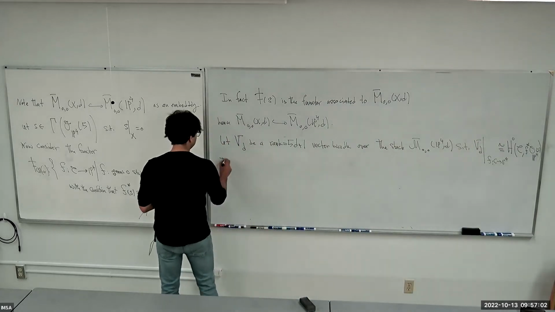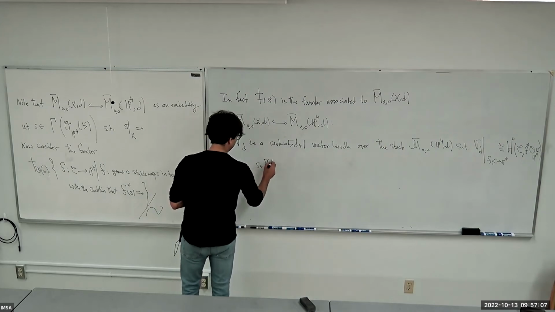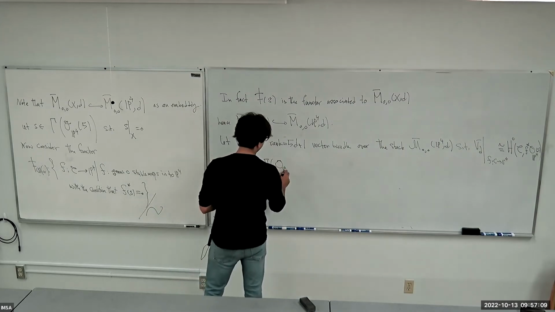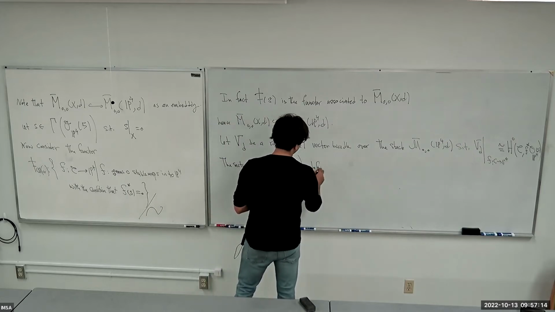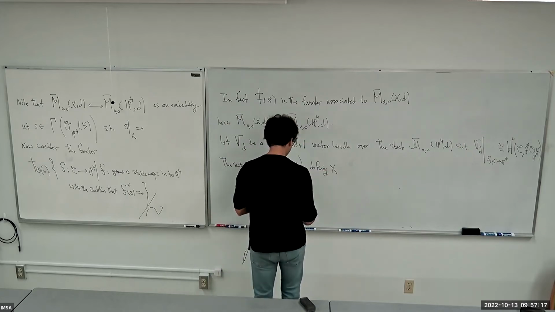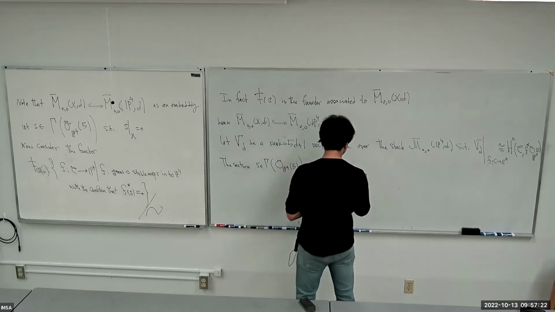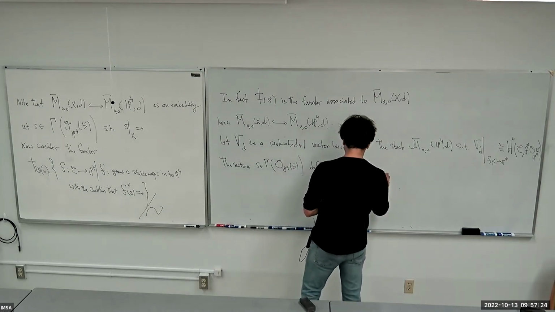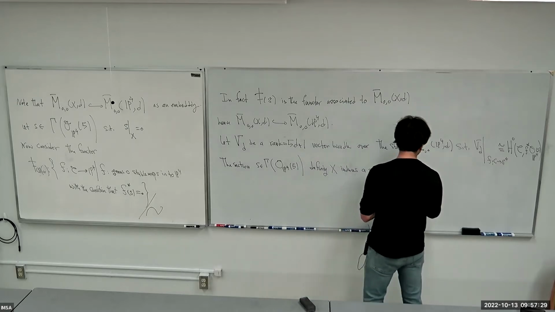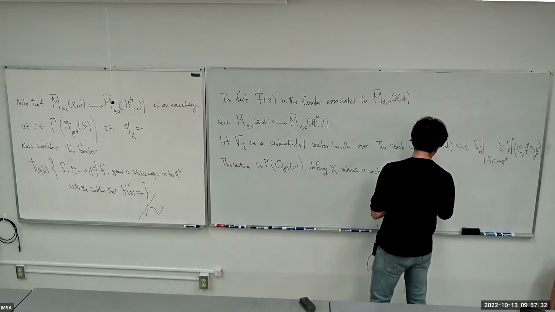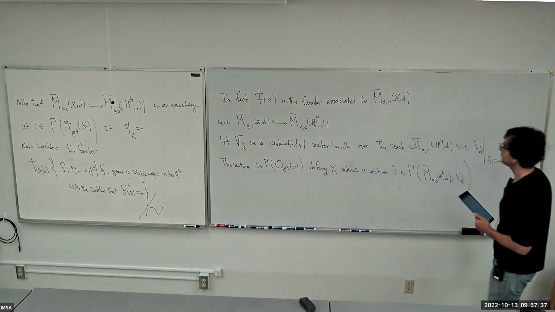The section S in O of P4 twisted by 5, defining X, induces a section, let's call it S tilde, in the space of sections of M bar 0, 0, P4, D with this vector bundle.